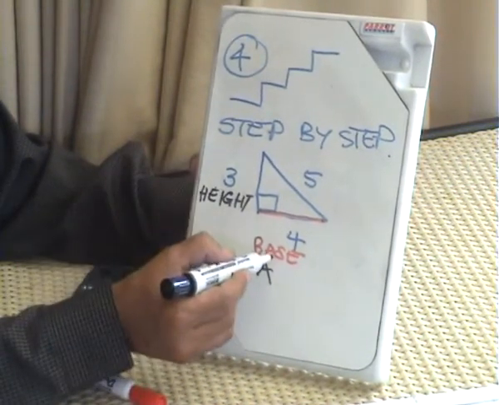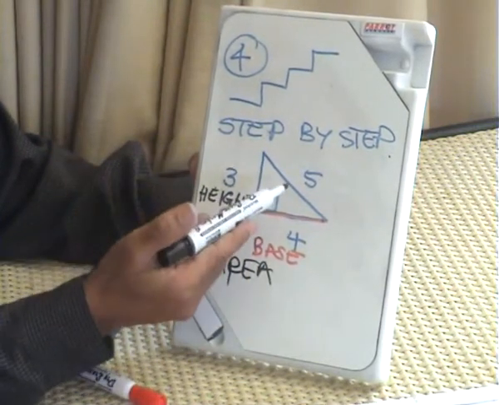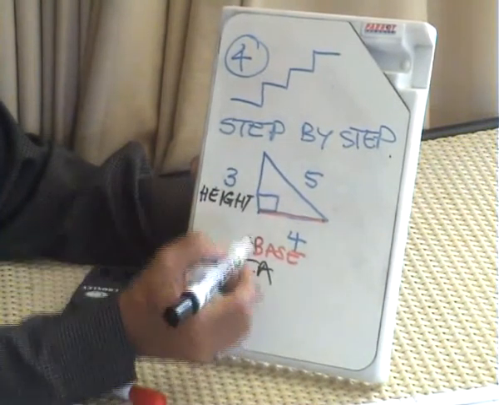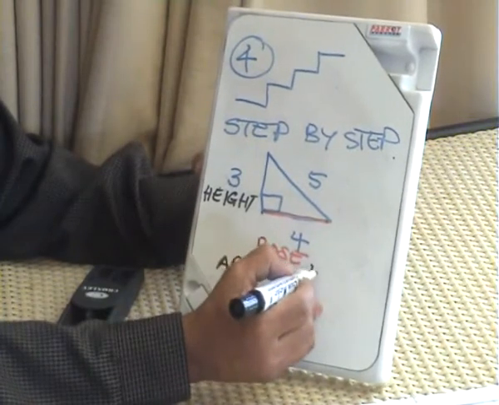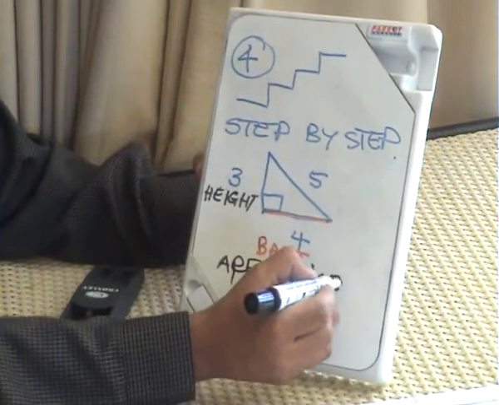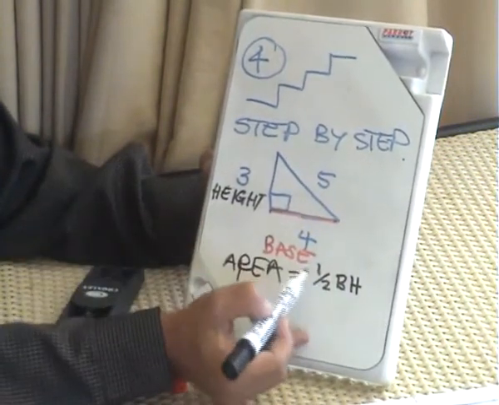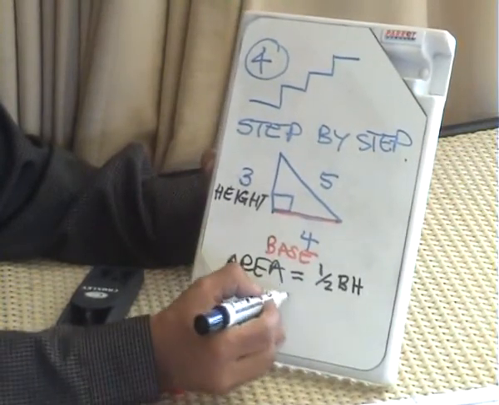So, step 1, find base. Step 2, identify height. Step 3, check whether you need to use the 5. You don't have to use the 5. Step 4, write down the formula for area, which is half base times height. And I can write it like that, and I understand it that it is half times base times height.